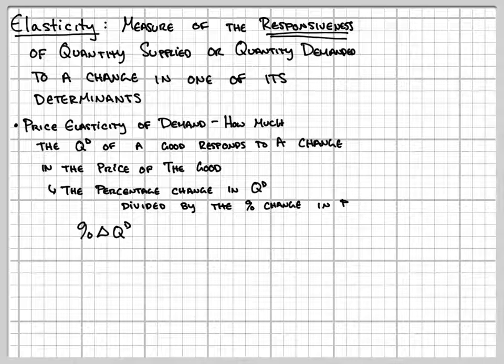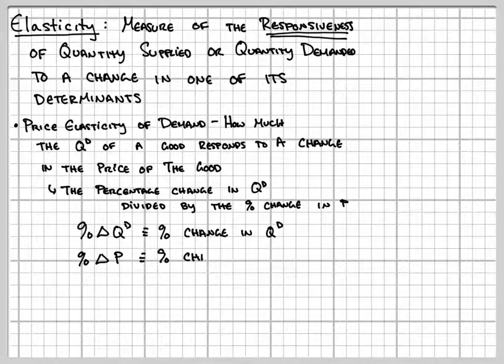This is very, very common notation. We write the percentage change in the price as percent delta P. Again, very common notation. You probably would have seen this before.